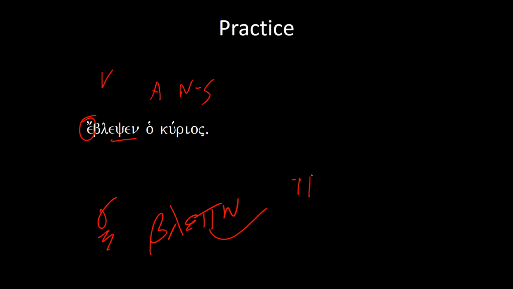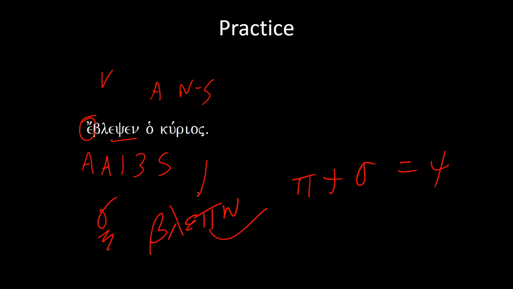So blep, a P plus sigma would equal C. So I've got sigma epsilon. This is that third singular form of the aorist. So I've got augment, sigma epsilon, aorist. So aorist, active, indicative, third singular from blepo.